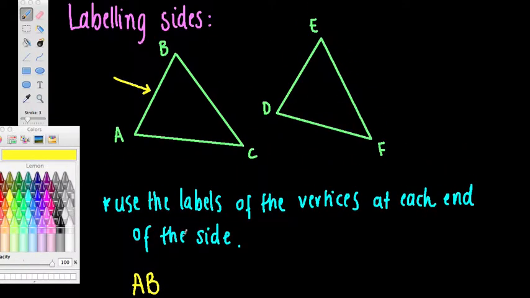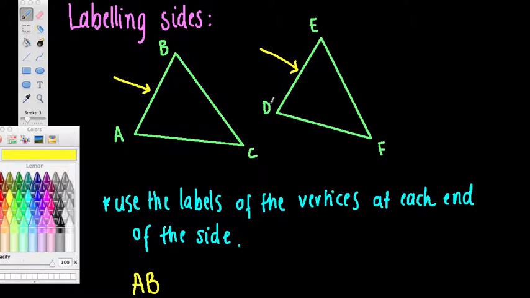Now the reason this is really important is if I want to talk about the corresponding side on this other triangle, because remember with similarity we're often talking about two shapes. If I want to talk about this same side over here, which is corresponding to that one, I wouldn't call it ED. The reason I wouldn't call it that is because I called this one here AB.